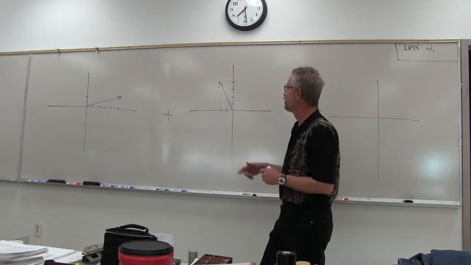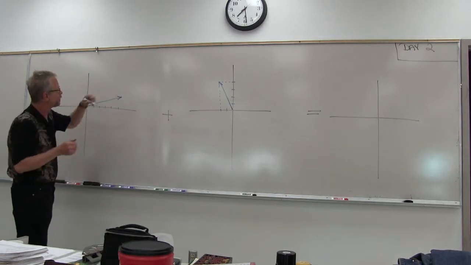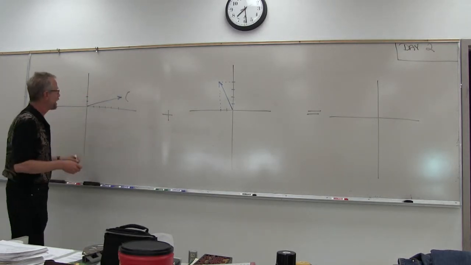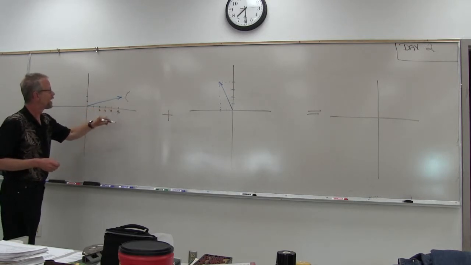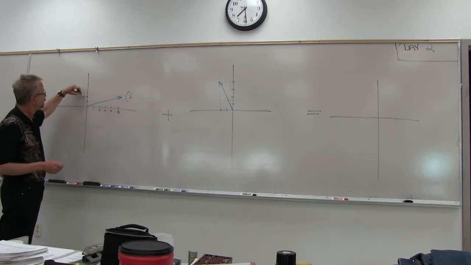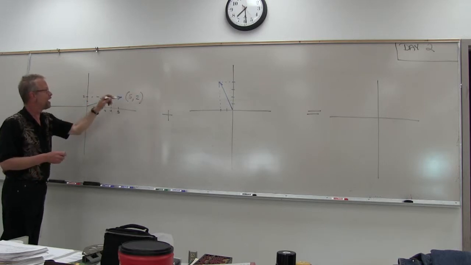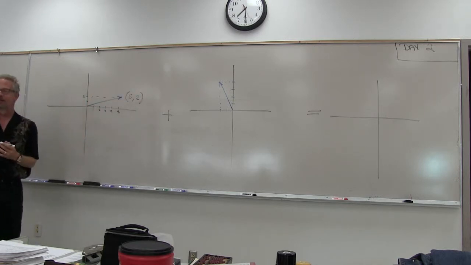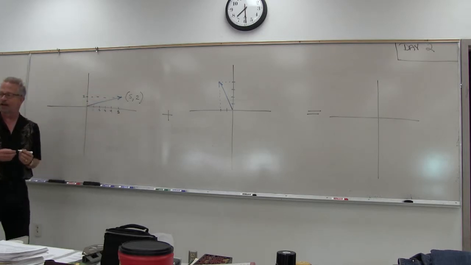So the first thing we're going to do is write down the ordered pair that we have for this point right here. If I look at the x direction, I have 1, 2, 3, 4, 5. So I'll put down a 5, and 1, 2 in the y direction. So we'll put down 5, 2, and that will define that point, and it will define that vector or that arrow.